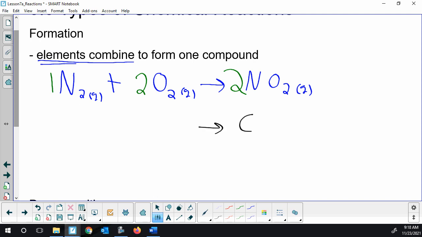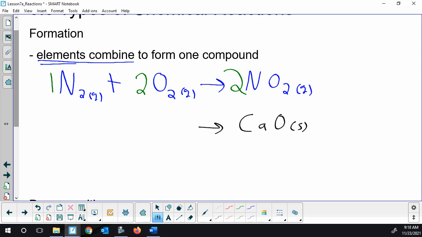Second example, I'm going to form an ionic compound this time, calcium oxide. Now, ionic compounds have really high boiling points and melting points, so that's going to be a solid. Ionic compounds don't melt until 1,000 or 2,000 degrees Celsius.